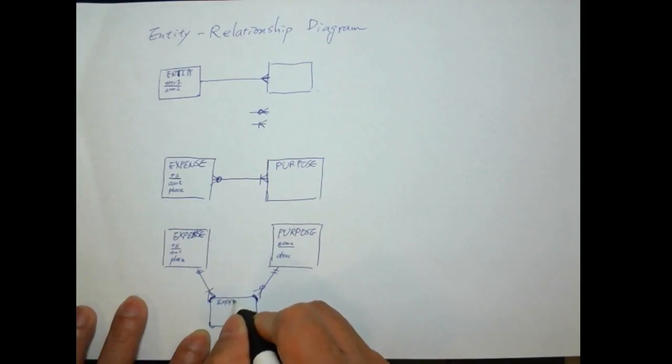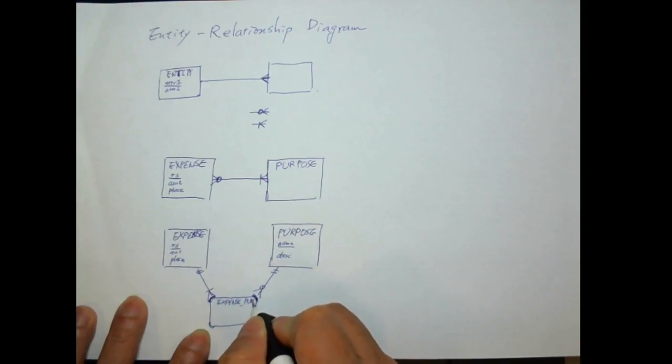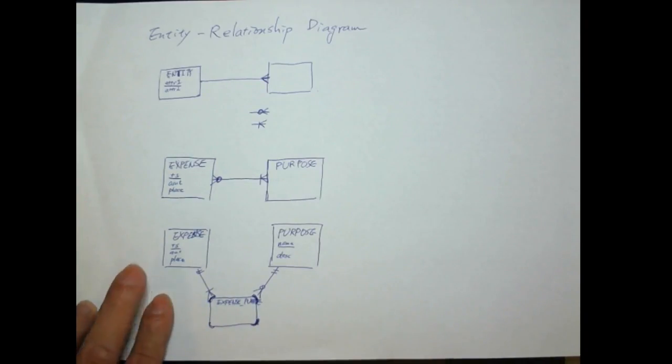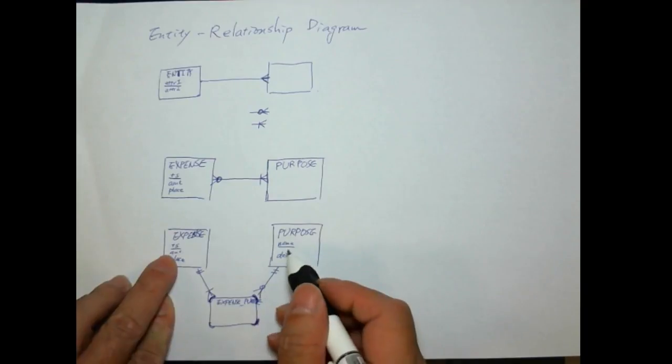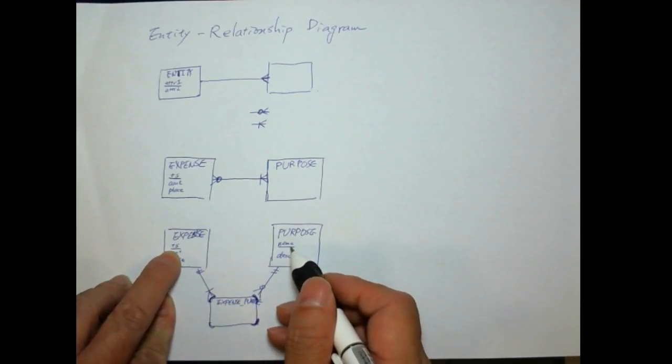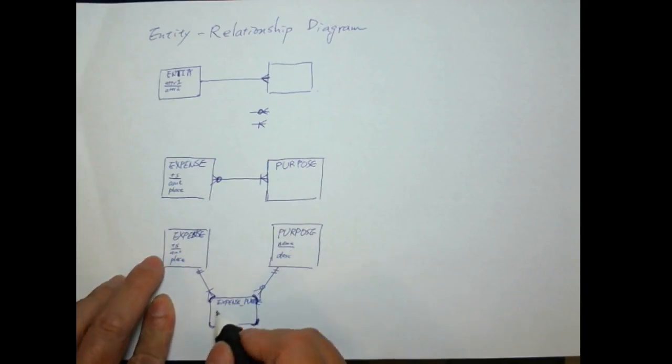So we call it expense, purpose. And the primary key could be the combination of the timestamp and the name. So it's a composite primary key.